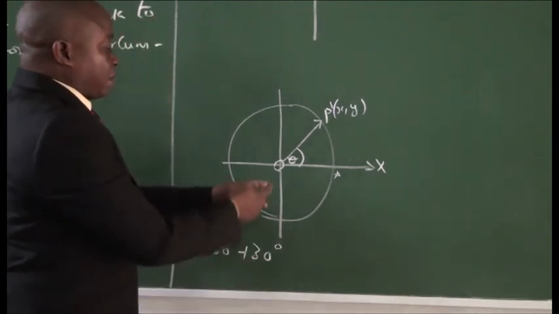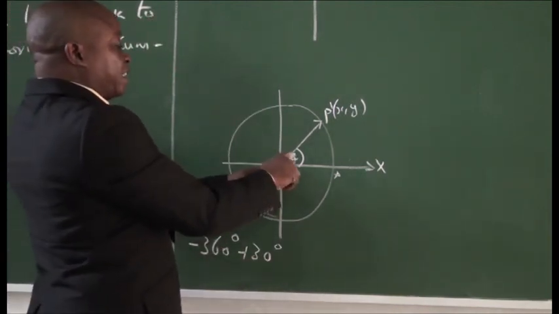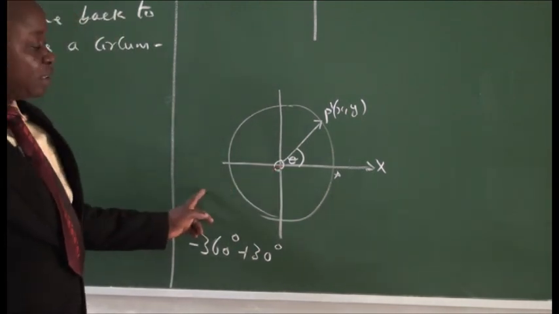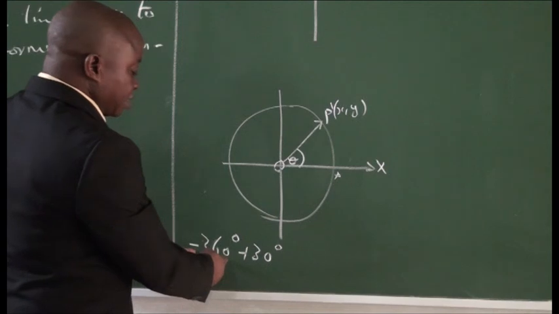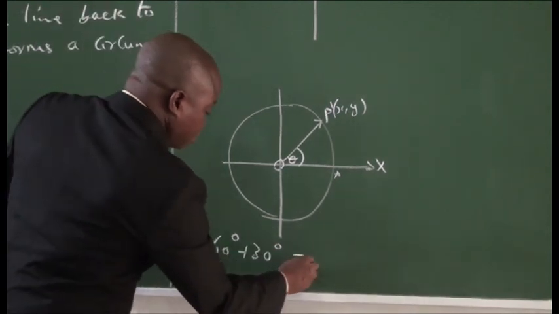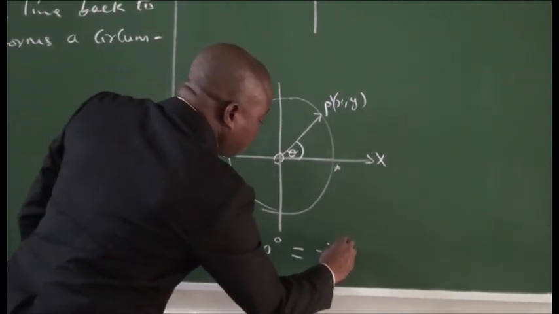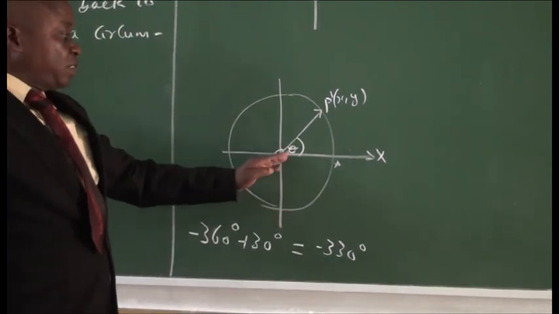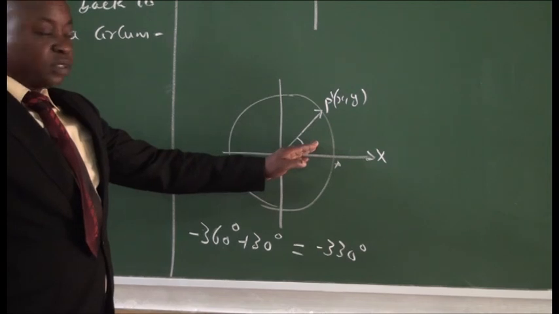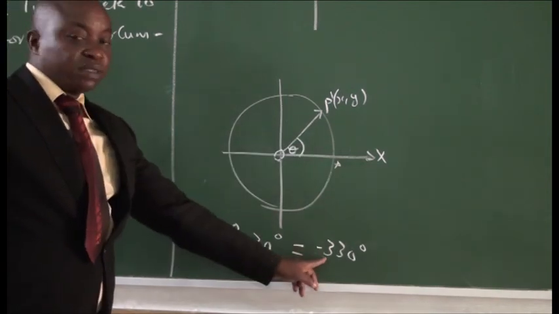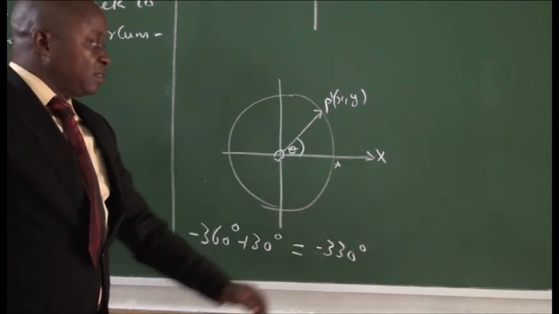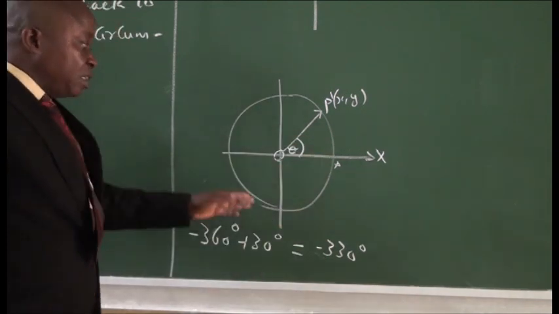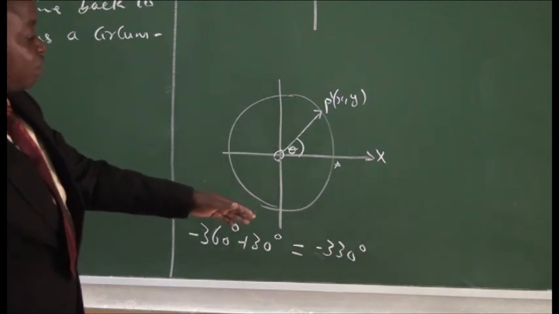How? Because if I want to find the equivalent angle to 30, but the negative one, then I must say minus 360 plus 30, which will give me minus 330. So the position of 30 degrees for theta here is equivalent to minus 330 degrees when it moves in the clockwise direction.